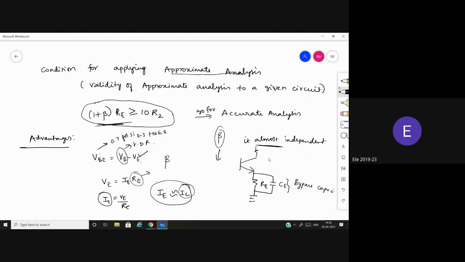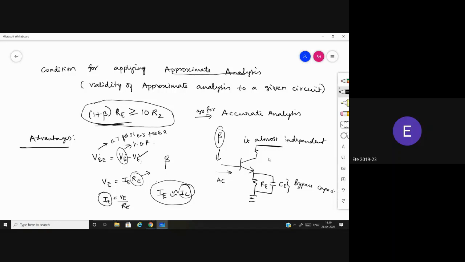Yes, very good. Whenever we are fixing up the Q point, during that time we need plus VCC, that is DC. At the same time, we are giving our AC input. So we filter out that AC, otherwise that AC might mix up with the Q point DC value, and that will be fluctuating. When it comes to fixing up the Q point, we need to concentrate only on the DC.